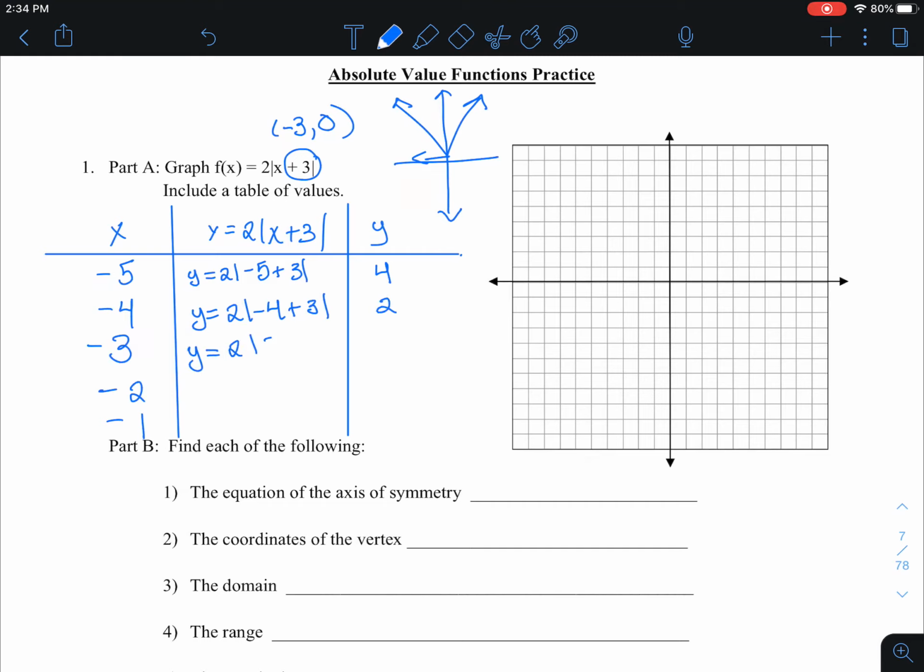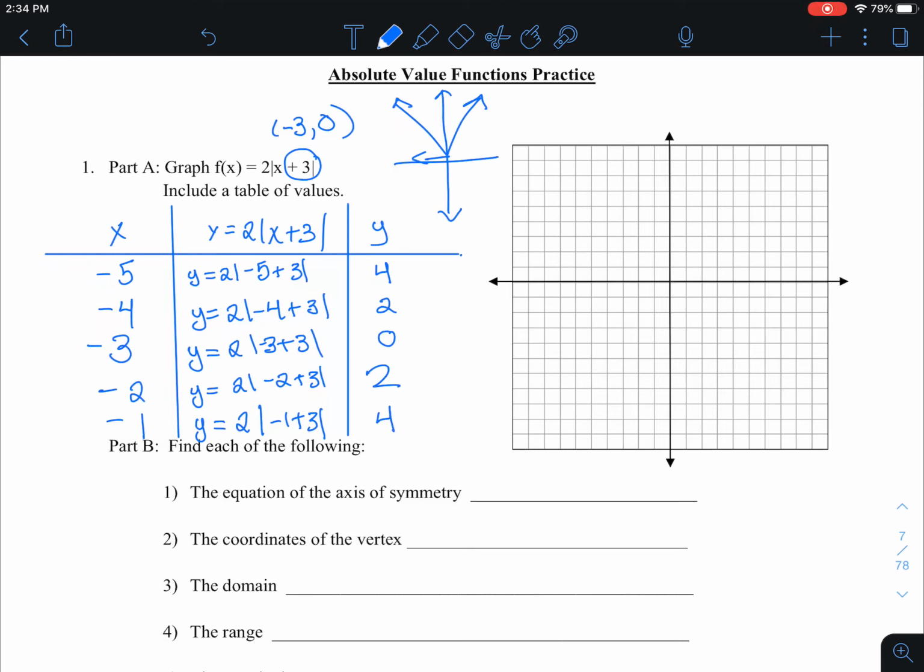Y equals 2 times negative 3 plus 3, which will give us 0. Then this is negative 2 plus 3, which is positive 1, times 2. And y equals 2 times negative 1 plus 3. Remember, with absolute values, if you get a negative value, it's going to turn into a positive. So that's 2 times 2, which is 4.